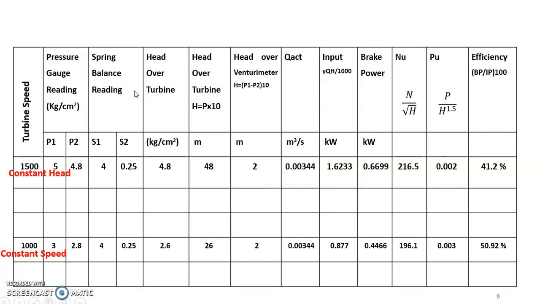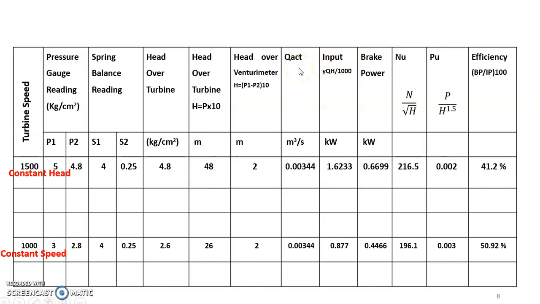Now, when it comes to loading, spring balance reading S1 is 4, S2 is 0.25, both in terms of kgs. Head over the turbine, which is 4.8 kg per centimeter square, is observed from the pressure gauge on the main display board, and the same is converted into head by multiplying by 10, which is 48.